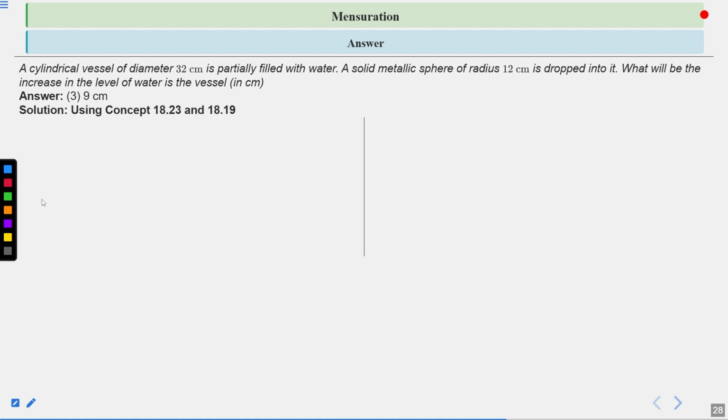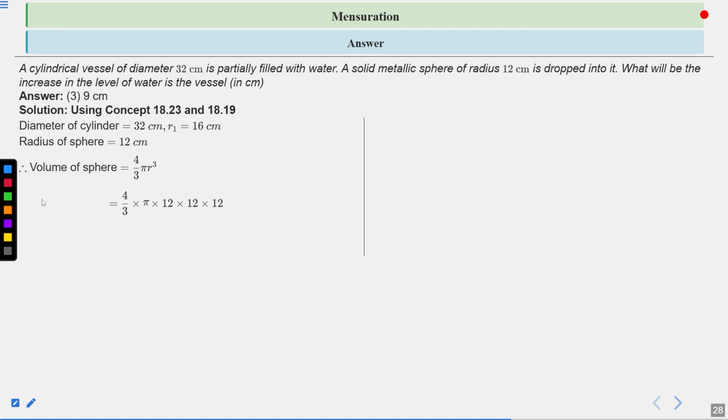Now see the detailed solution using concept 18.23 and 18.19 in this question. The diameter of the cylinder is 32, so the radius will become 16 centimeter. The radius of the sphere is also given, which is 12 centimeter. Now the volume of the sphere, we know, is 4 by 3 pi r cube.